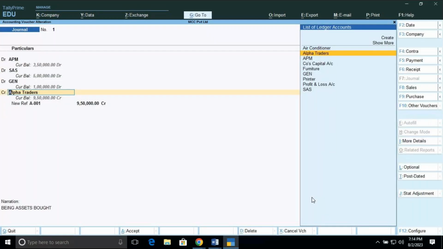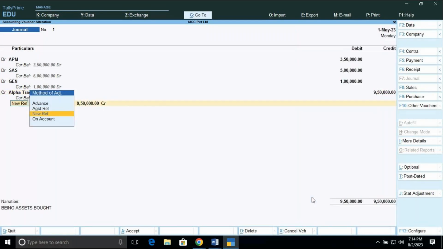Then you see here, I'll say enter. You will get one more small screen: method of adjustment. In that there is new reference, against reference, advance reference, on account reference. All of you saw this. For a fresh transaction, it has to be new reference.